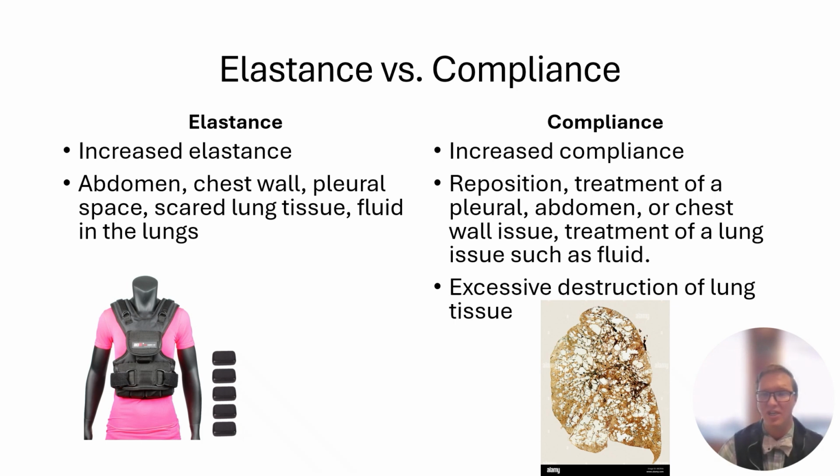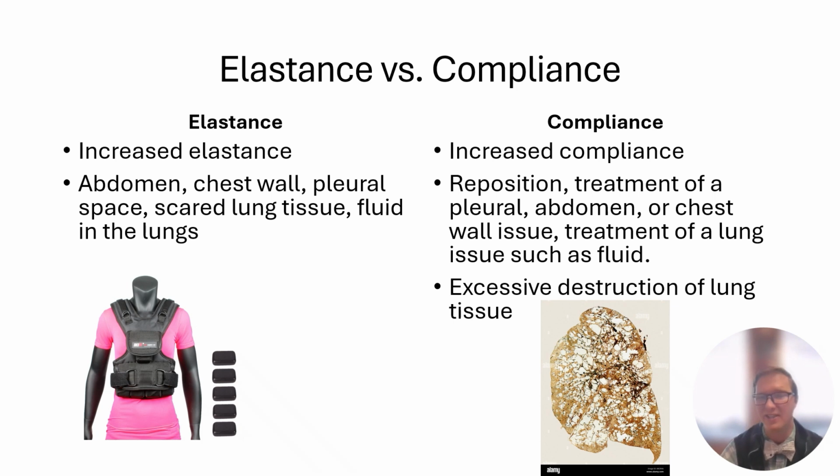Or let's say there's a chest wall issue that we're relieving. What if there's fluid buildup in the lungs and we're treating that with medications to help get fluid off of the human body? If we're doing that, then the lungs are going to expand a lot easier. So we're looking at expansion for compliance. Elastance, we're looking at collapse. And so this is going to make it a lot easier to expand if you have increased compliance.